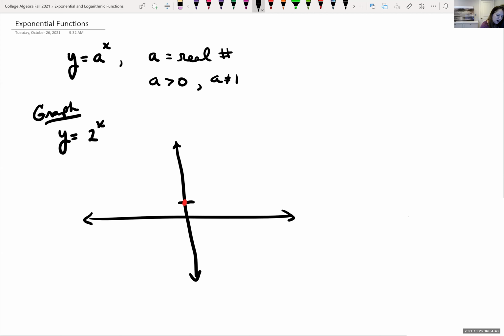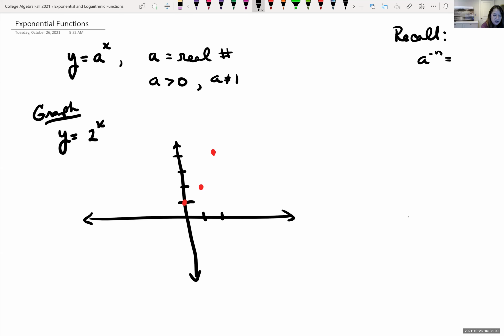If you plug in 1 for x, you get 2 to the first power, which is 2. If we plug in 2 for x, we get 2 squared, which is 4. If we plug in -1 for x, so recall negative exponents, we can make those positive by bringing them down into the denominator.